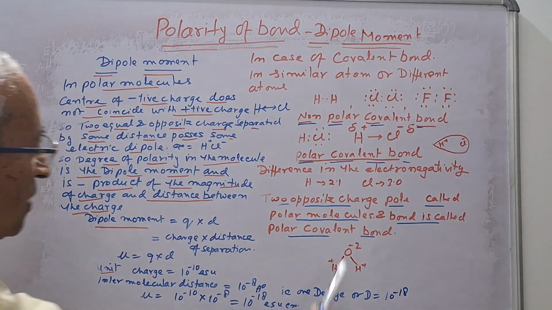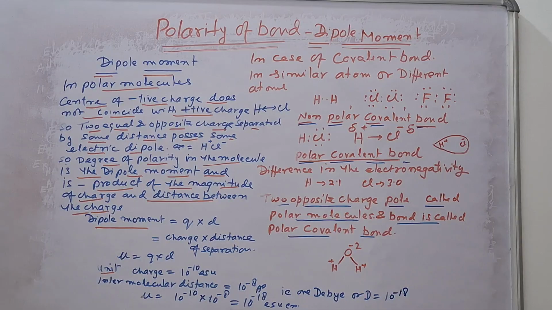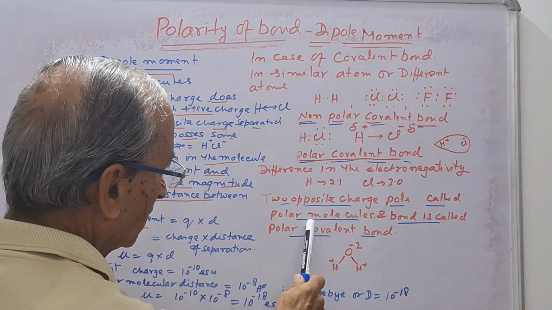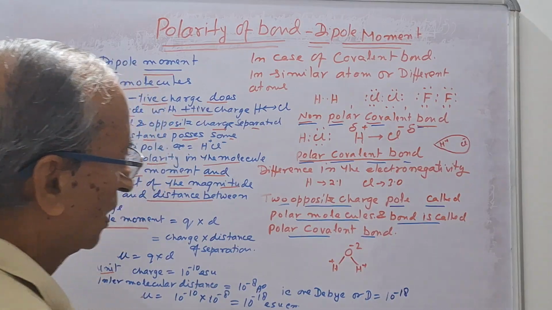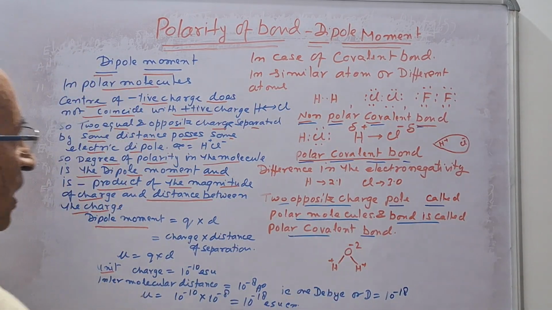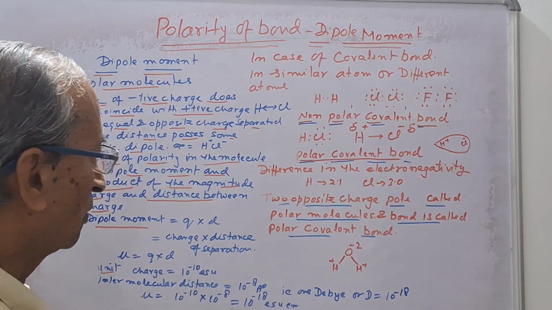So here it becomes the polar covalent bond. Now these two opposite charge poles are called the polar molecules, and the bond is called the polar covalent bond. This is the polarity in the case of the covalent compounds.